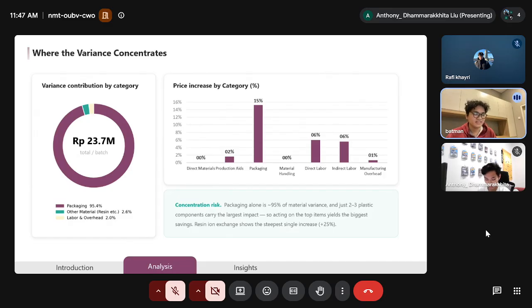Packaging alone makes up about 95% of the material variance. In other words, just 2 or 3 plastic components carry almost all of the cost impact. This is called a concentration risk. The good news is that it is also an opportunity, because if the company focuses on only these few top items, it can get the biggest savings with the least effort.